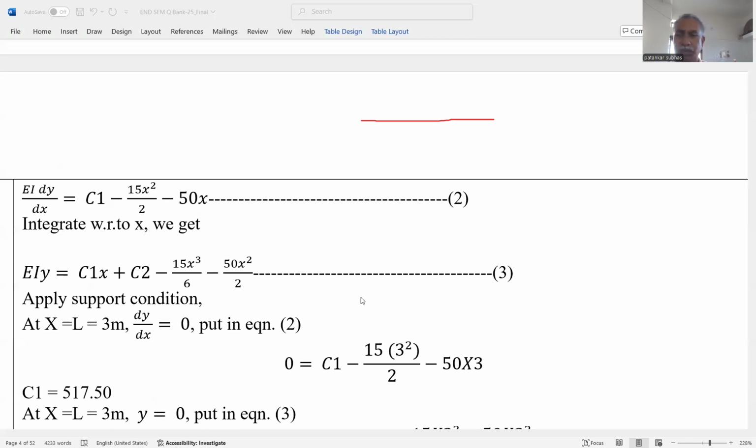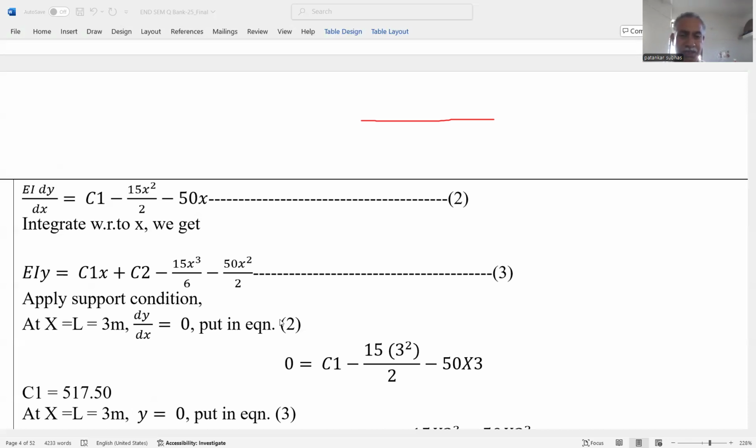C1 and C2 are the constants of integration. So first we find the values of C1 and C2. As we know, in case of the cantilever beam at the fixed end, that means when we consider x = L, because we have taken the section from the free end, x = L = 3 meter, slope dy/dx = 0.